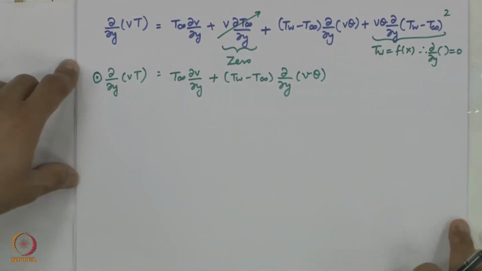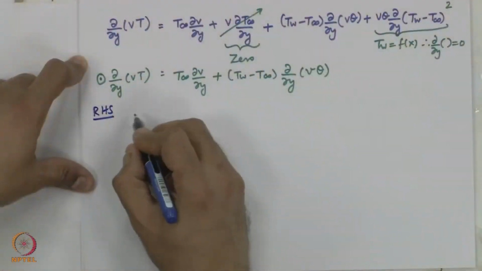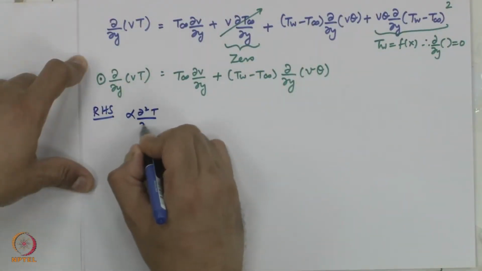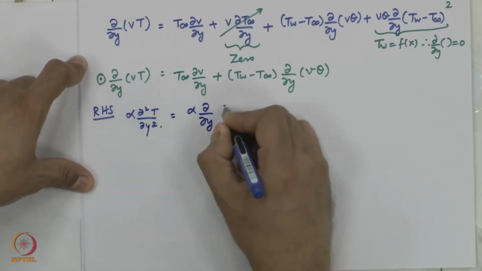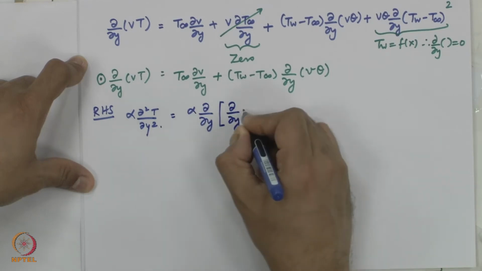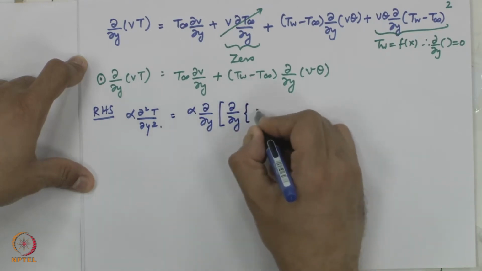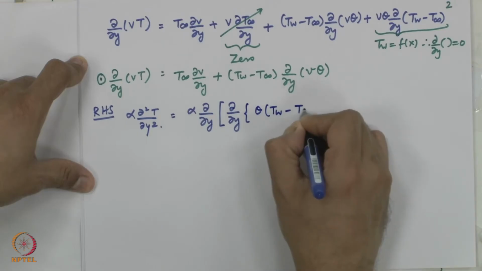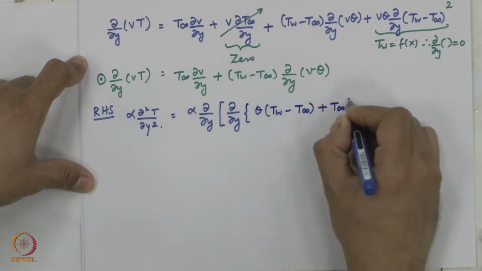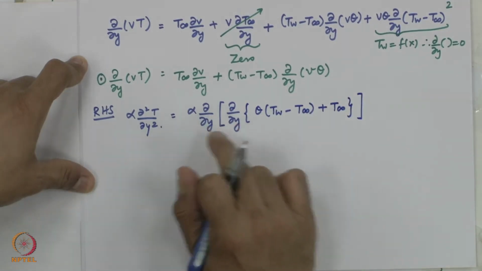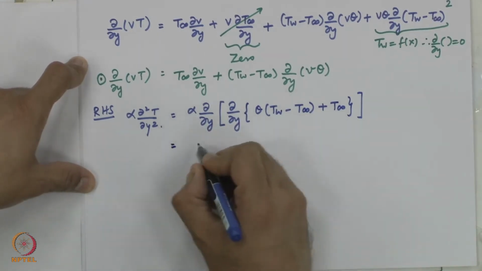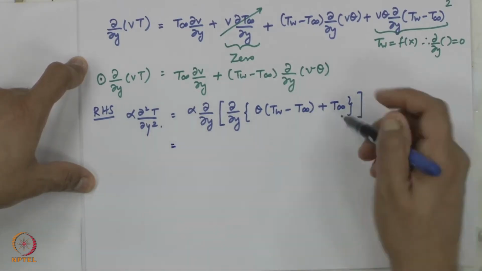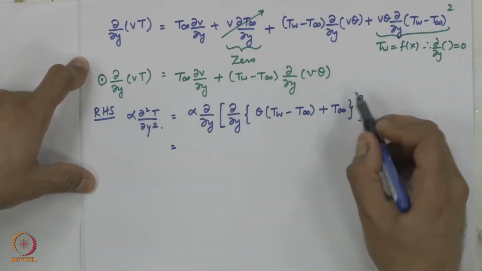So, the left hand side we have written, the right hand side now we take first term, alpha d square T by dy square, that is alpha d by dy of T, which is nothing but theta into Tw minus T infinity plus T infinity. D square T is d by dy times the derivative, and I have opened it this way. T infinity is not a function of y, so the derivative of this will go to 0.